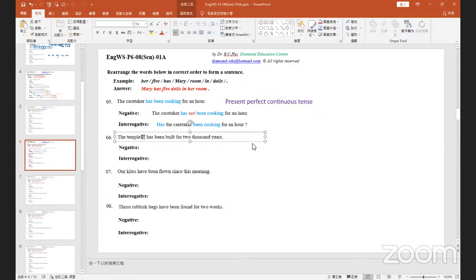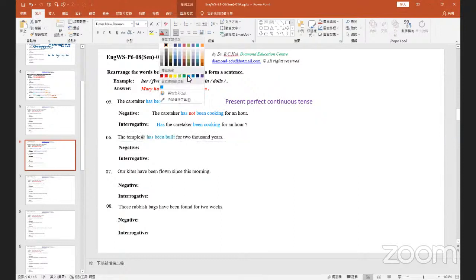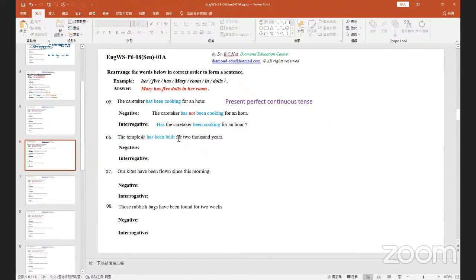Has been built for 2,000 years. What kind of tense? Now, 3 words together is the verb. Has been built.